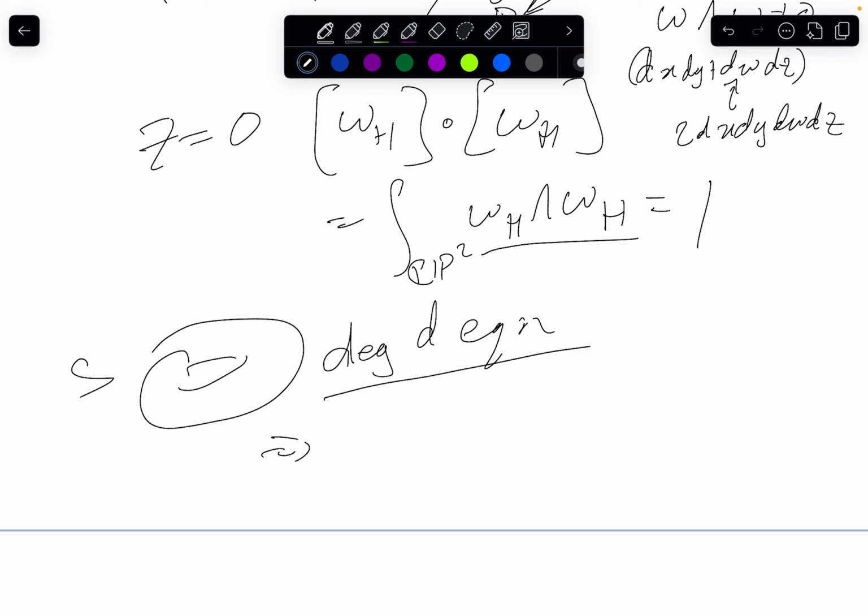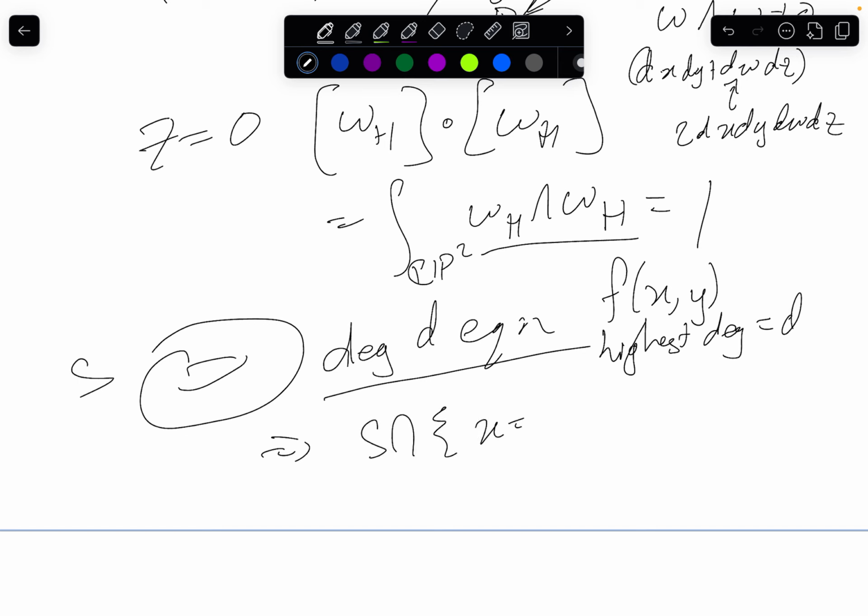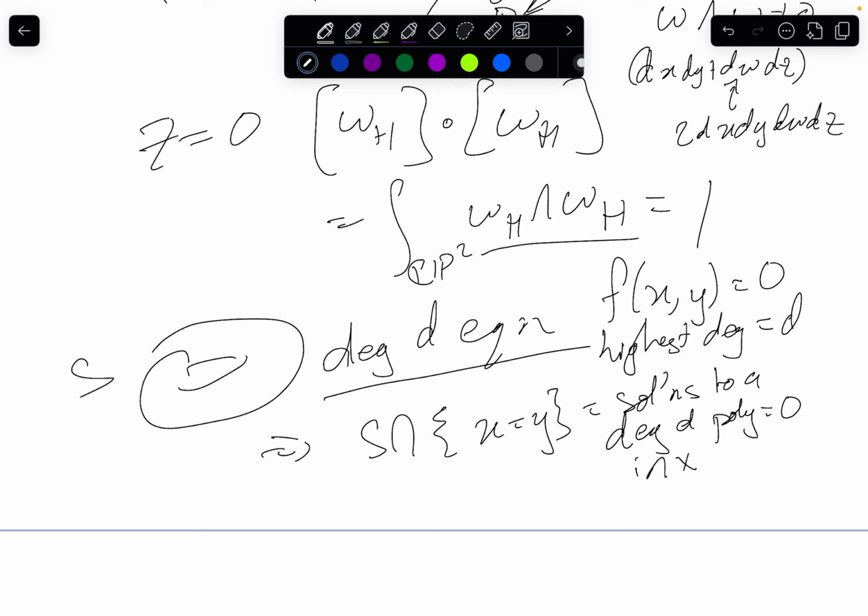Degree D means that you have some f of x, y such that the highest degree is equal to D. So let's say that we take the intersection of S with x equals y. Well, what is this going to be equal to? This is just going to be the solutions to a degree D polynomial equals 0 in x. And so what is the number of points of this? Well, it's equal to D, right?